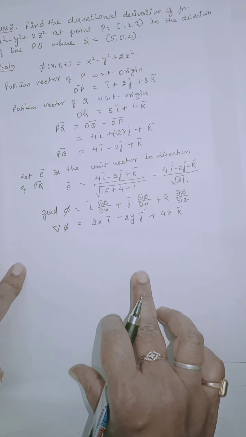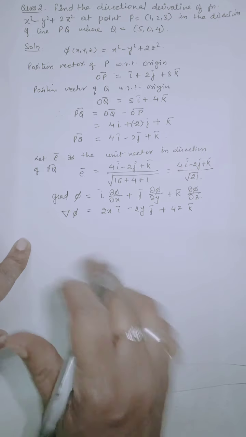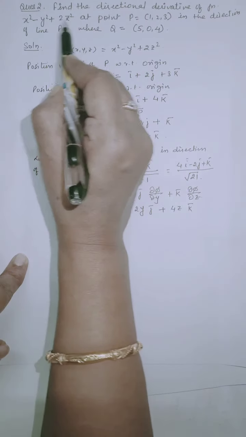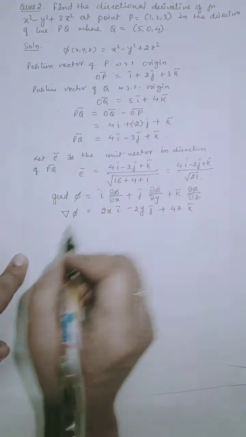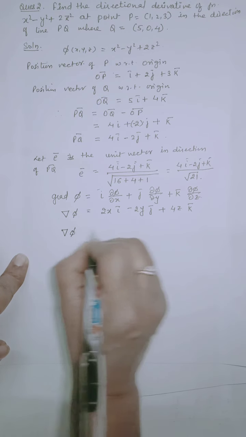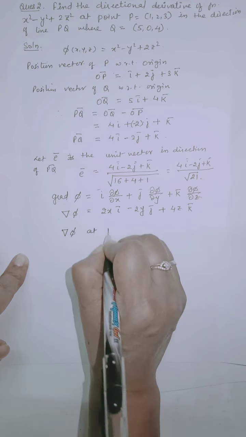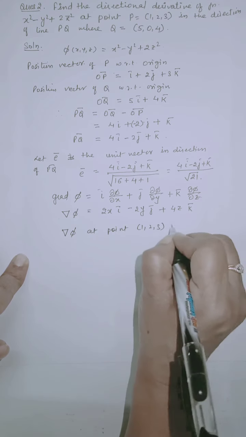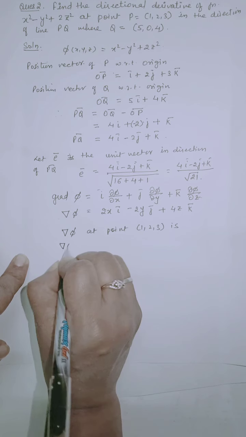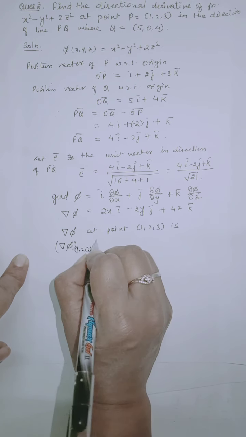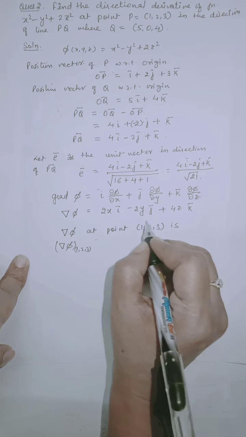Now what you have to find? You have to find the value of grad phi at point P. What is the point P given here? You have to find it at the point (1, 2, 3). So let's find the value of grad phi at the given point (1, 2, 3). Just substitute the values for this.